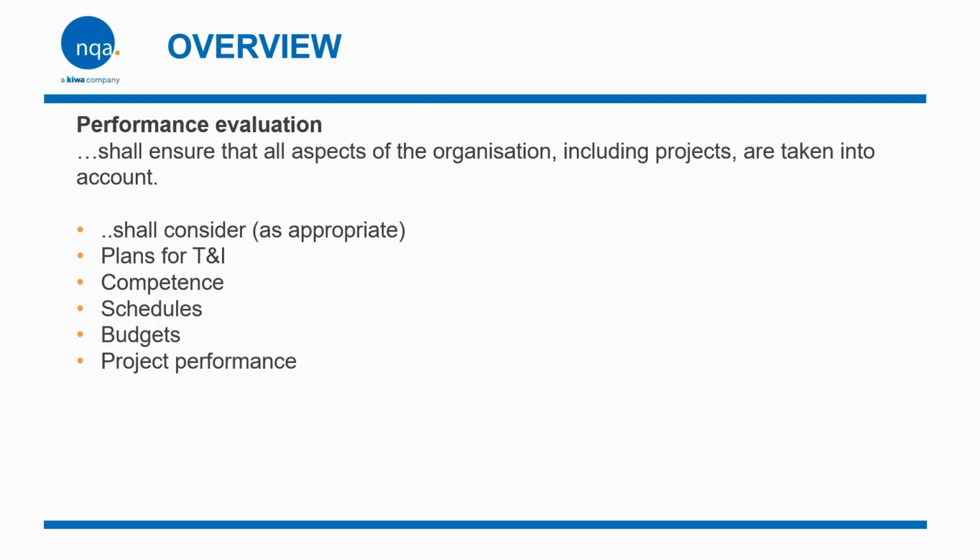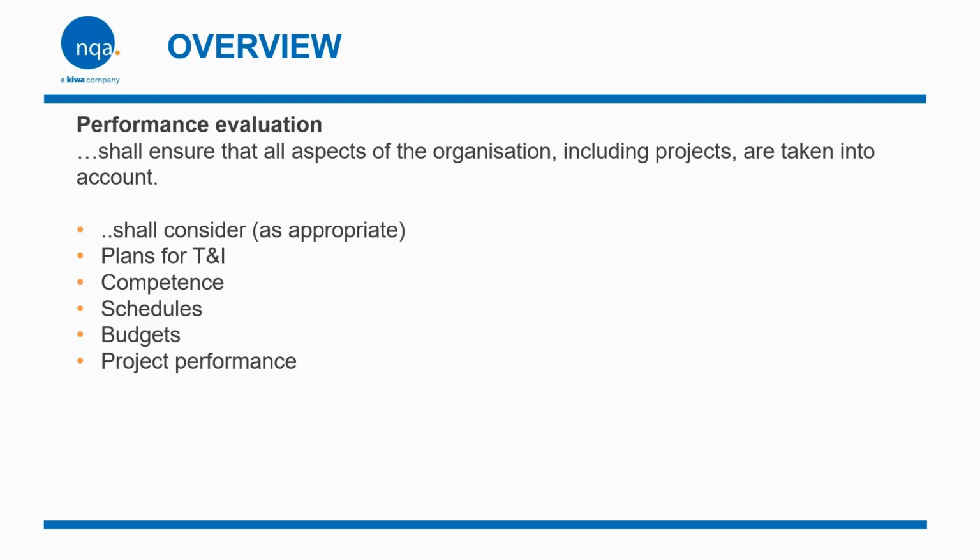Performance evaluation. Performance evaluation must cover all aspects of the organisation, including individual projects. It's talking about plans and testing and inspection to verify quality compliance. It's looking at competence of the personnel involved in projects and processes, schedules, adherence to timelines and milestones, budgets, controlling cost management, and project performance against defined objectives and deliverables.